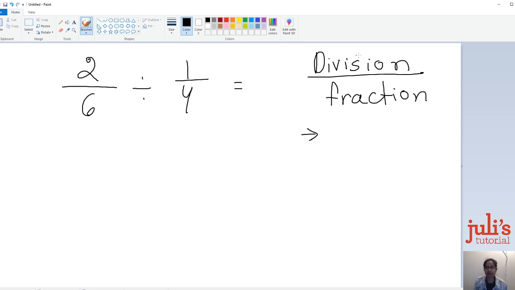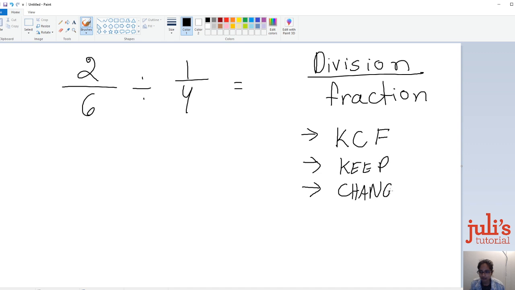In division, we have several steps, right? And it has an abbreviation: KCF. Okay? Keep, change, flip.